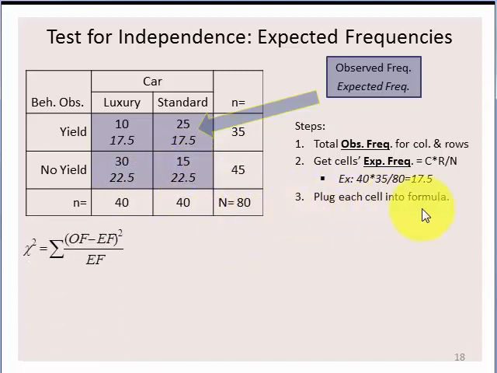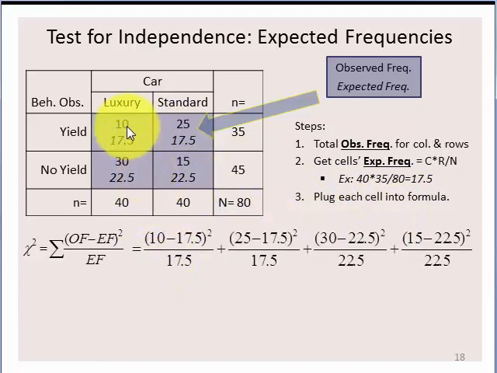And now we're ready for step 3, to plug each of these cells into the formula. So that would be 10 minus 17.5, squared, divided by 17.5, then the next cell, the next cell, then the next cell. You can pause it here if you want so that you can copy all this down.